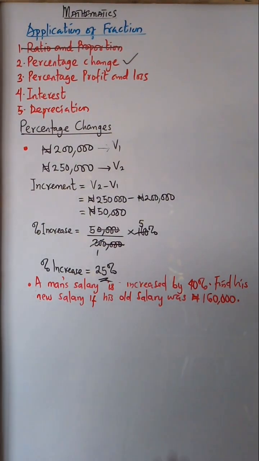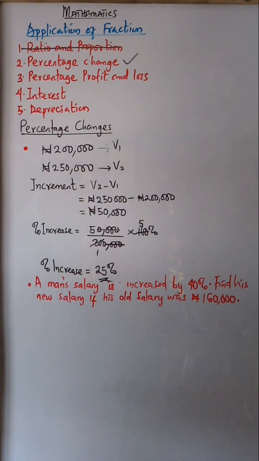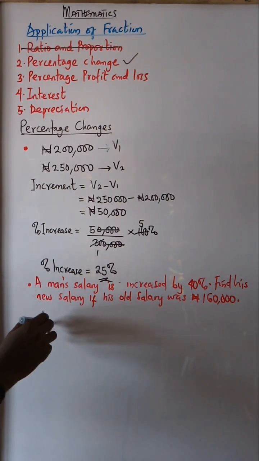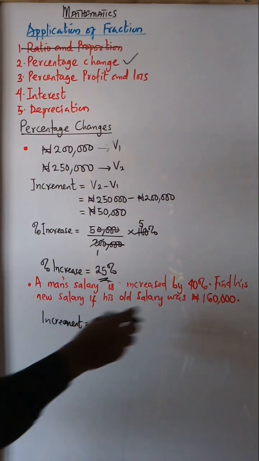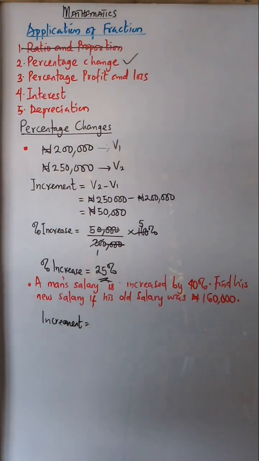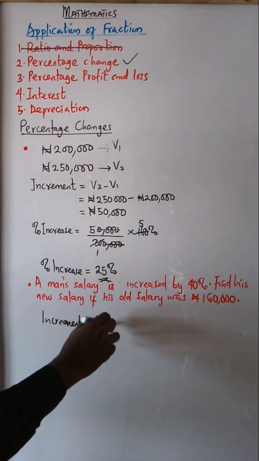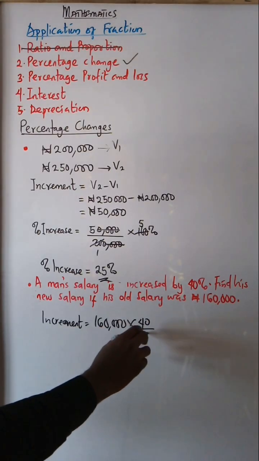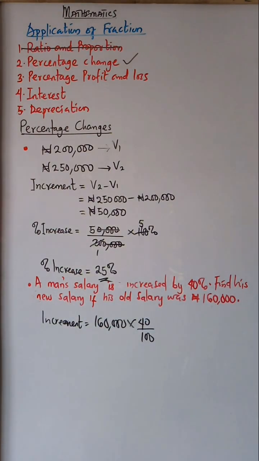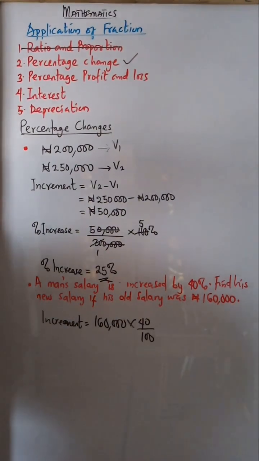Before you look for the new or the old, we need to know the increment in this case. So what will be the increment? The increment is going to be the percentage of the old salary. So the old salary was 160,000. So let's look for 40% of what? 160,000. Because it is this 160,000 that was increased to a new value.